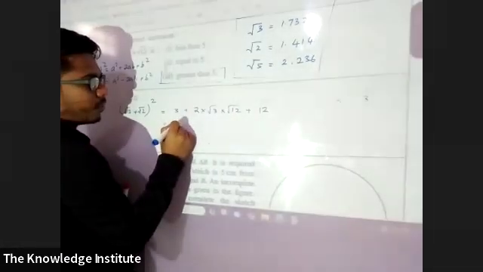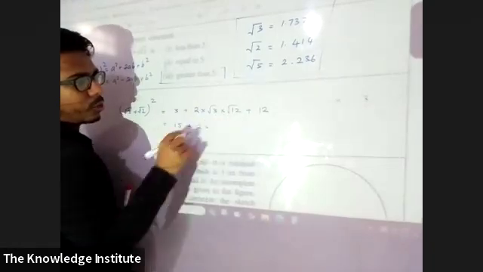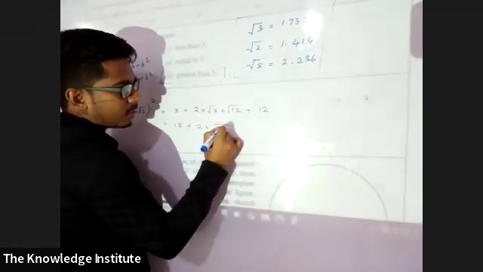So 3 plus 12 is 15, plus 2 into root 36.